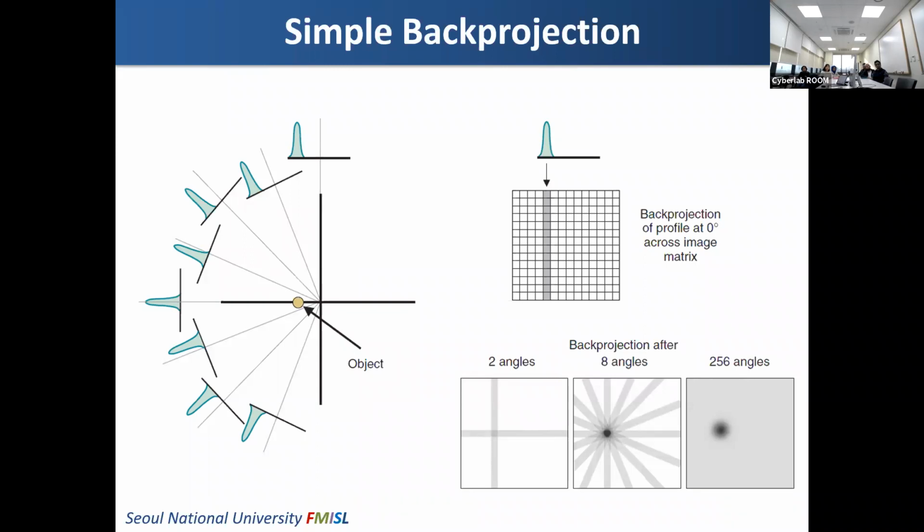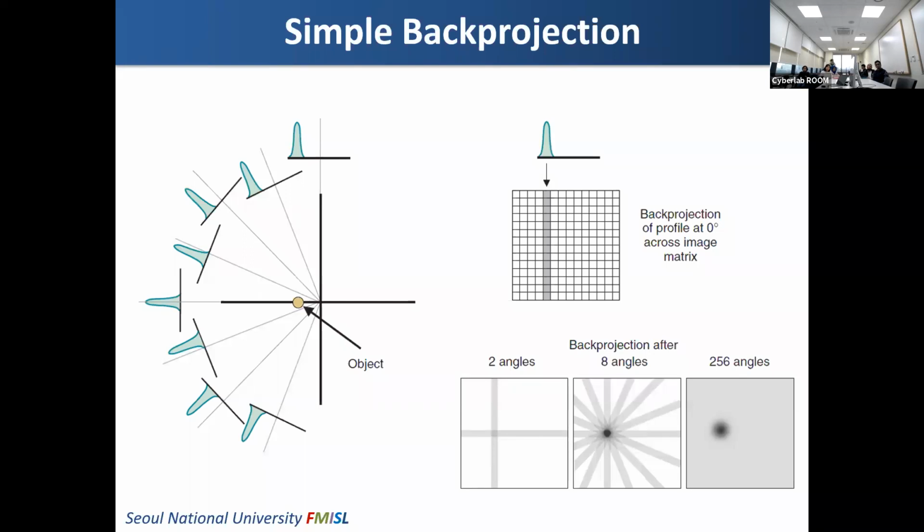When we reconstruct the image, we back project these profiles into the image space in this way. If we have only a single profile and back project this intensity into the image space, we will have this line.